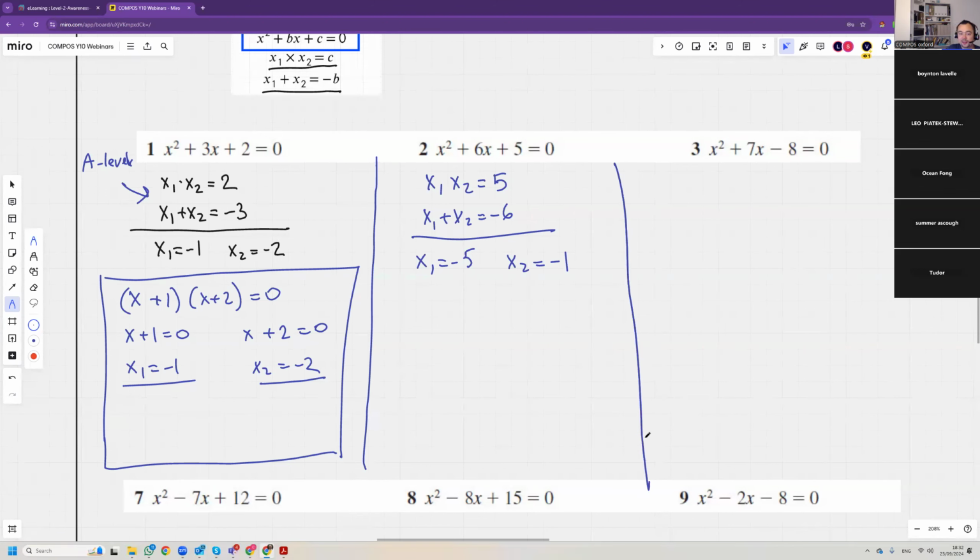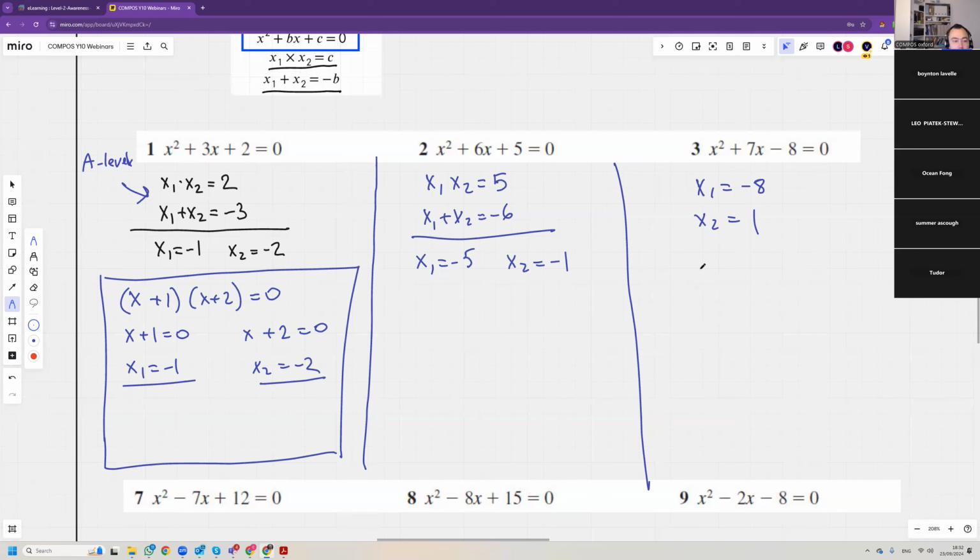So the great thing about it is you can solve them in your head and just write out the answers. So here, the product x1 x2 is minus 8, the sum is minus 7, so x1 is minus 8, and x2 is going to be 1, just like that.